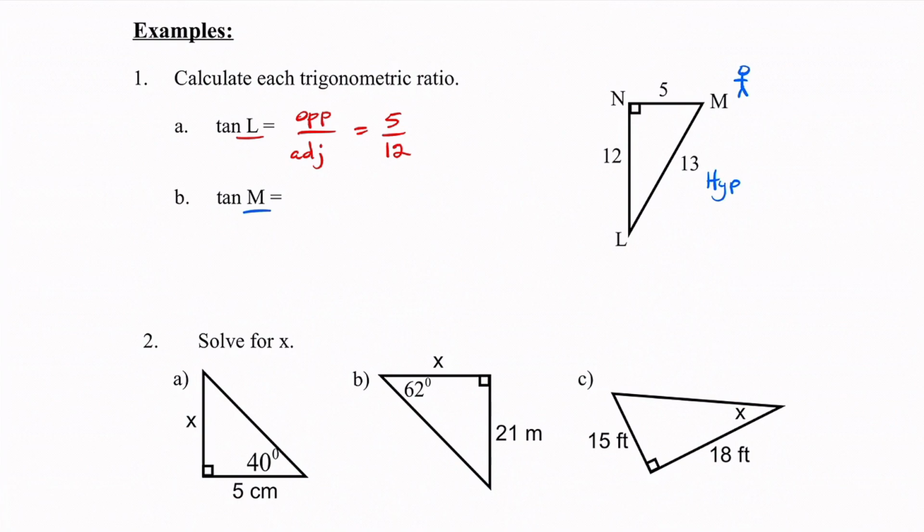Because if I'm in this corner going all the way to the other side, that is now opposite, and then this really close side, that is adjacent. So our ratio again was opposite over adjacent. Opposite is 12, and then adjacent is 5. So we got 12 over 5. And that's our answer for that one.